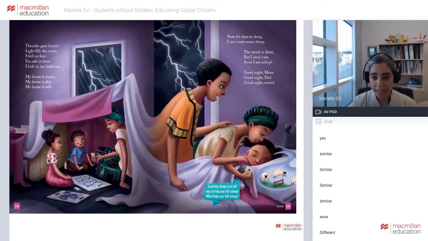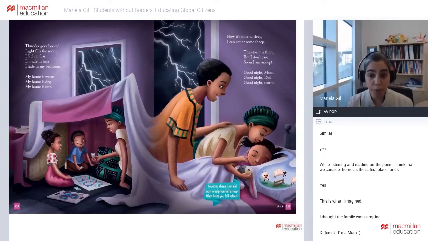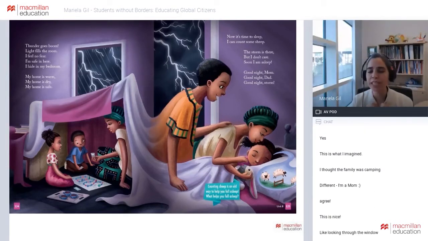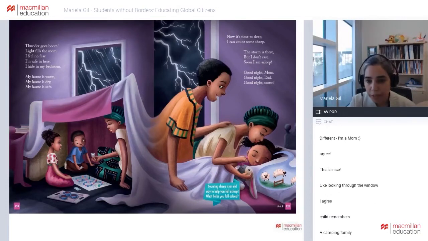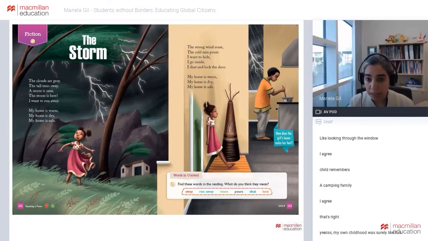So one of the ways to bring global citizenship into your classroom is to expose children to texts that show different points of view. This text, even though the poem itself could be any home, anywhere, because it's the personal experience of safety and of home, the images that we've chosen to go alongside this poem show an African family.